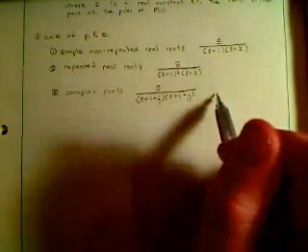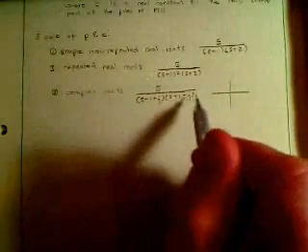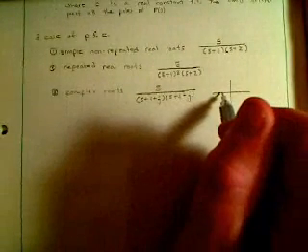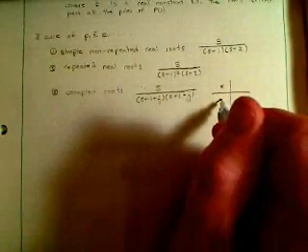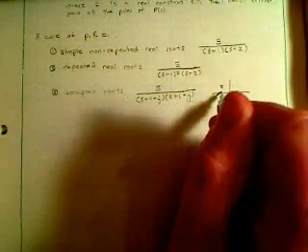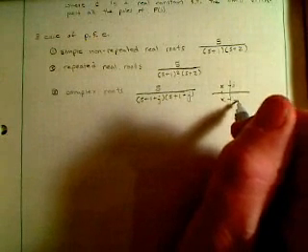So here, I was going to draw the poles of this. I've got one at -1. There's a pole here and a pole here. That's -1, that's positive j, and that's negative j.